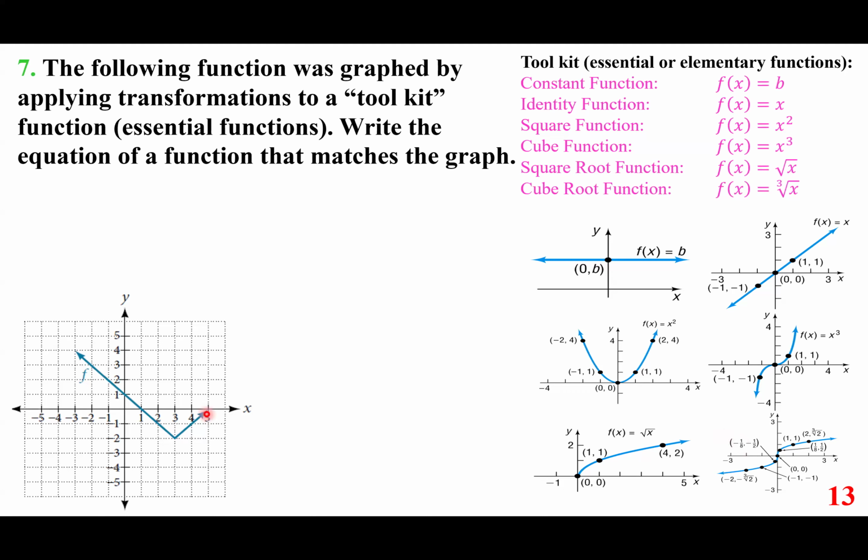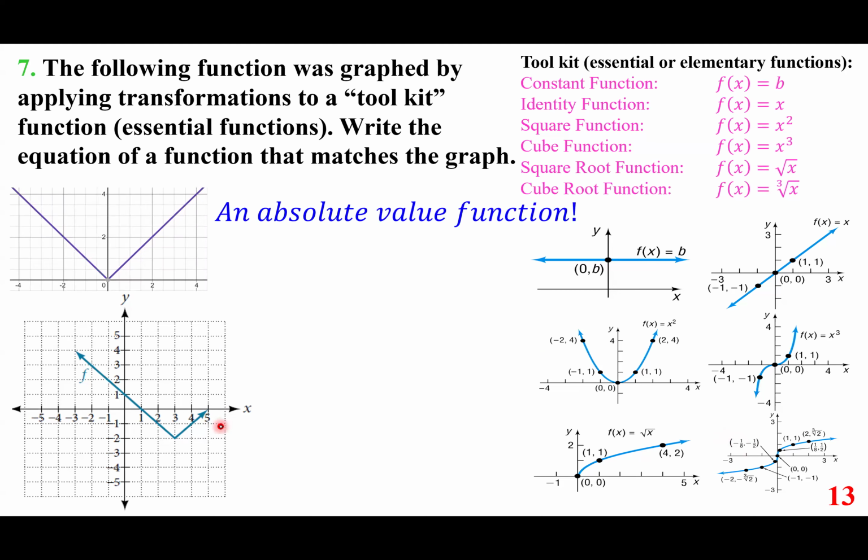And so if I want to deal with this, I should know the absolute value function looks like a V shape, and the vertex, which is at 0, 0.